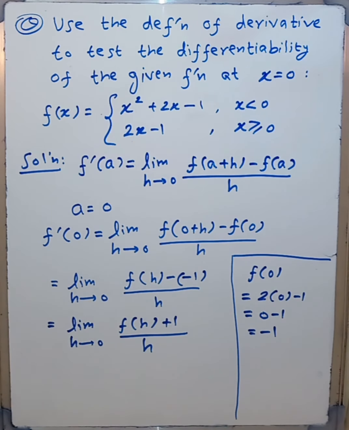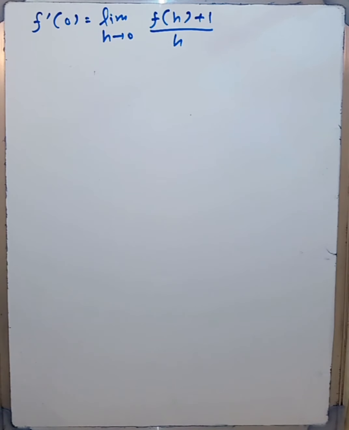If the limit exists, we will say that the function f(x) is differentiable at x equal to 0. If this limit does not exist, we will say that the function f(x) is not differentiable at x equal to 0. Now let us discuss the existence of this limit.